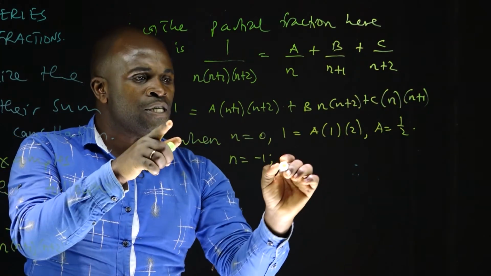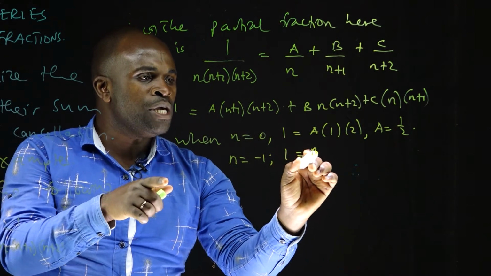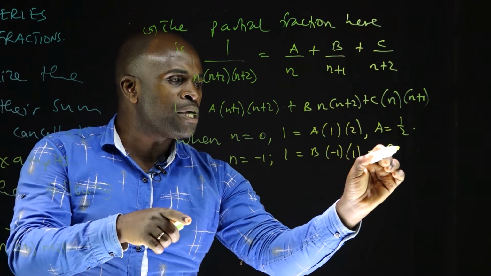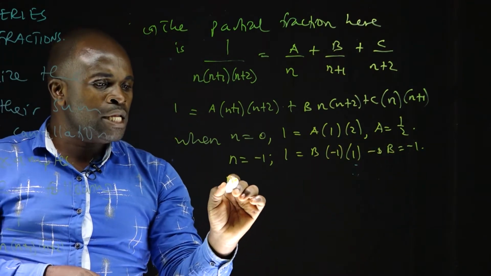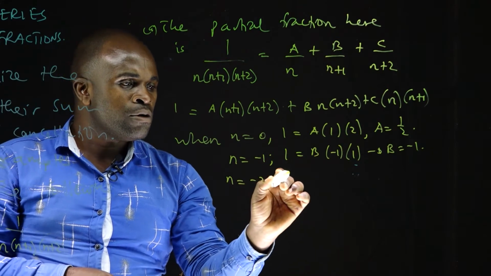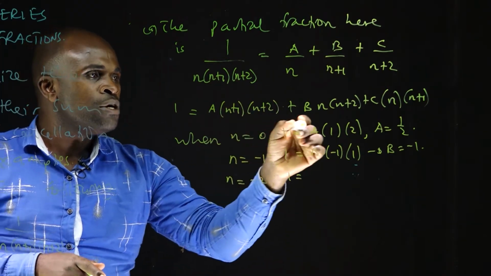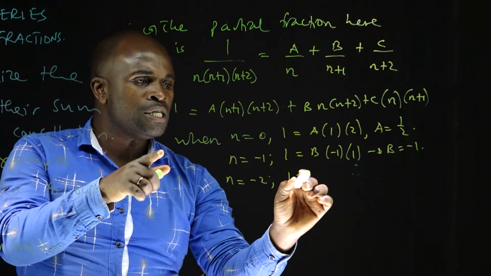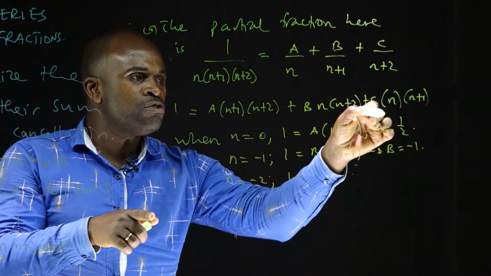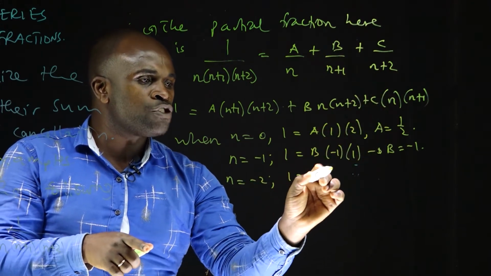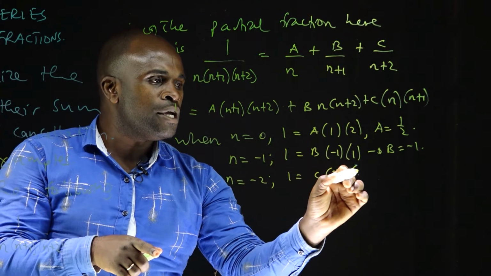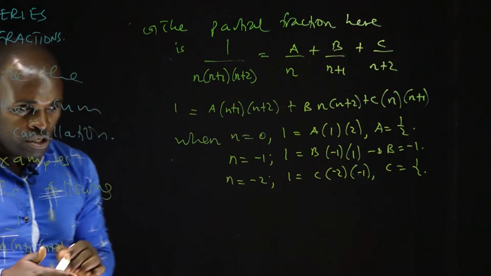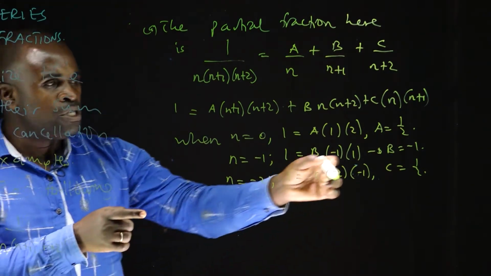We only have this, therefore 1 equals b times negative 1 times 1, therefore our b becomes negative 1. When n equals negative 2, this term cancels and this one cancels. We only have this part, which becomes c, as we want to deduce for c. Therefore we have c times negative 2 times negative 1, which means our c gives what? A half. So we are now done with partialization.